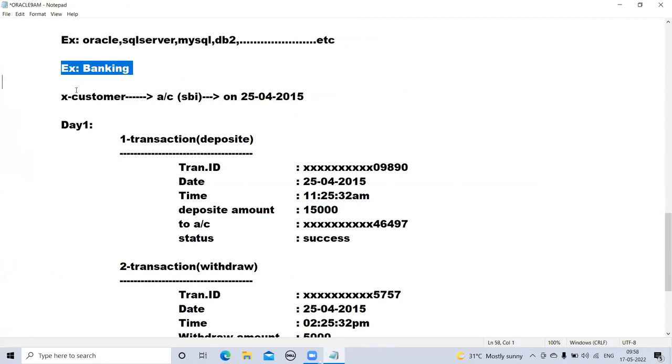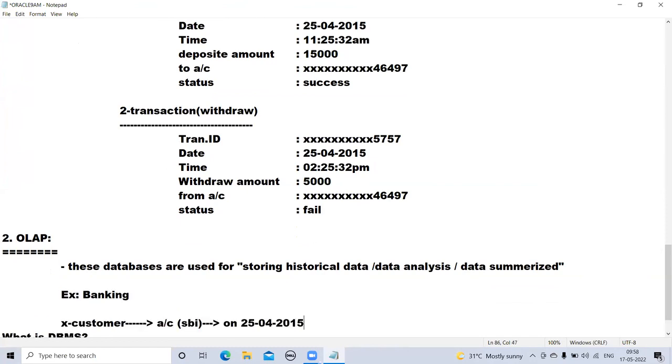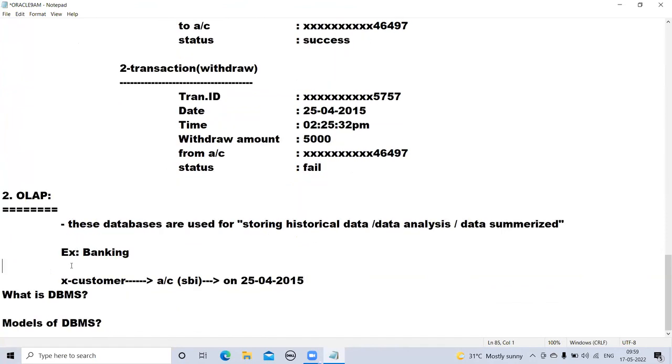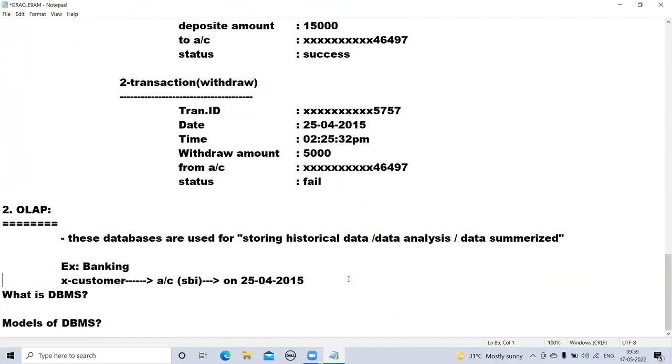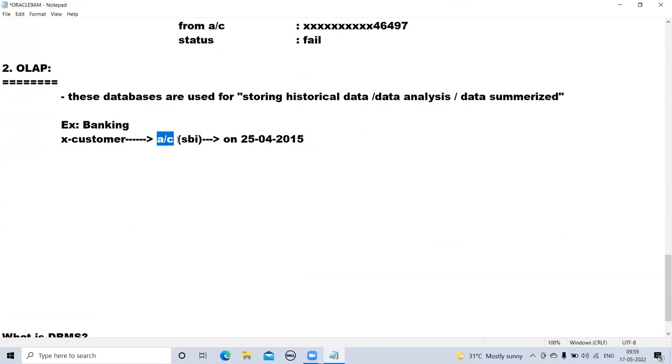See the example of OLTP. I'm using the same banking example here. One of my customers opened the account on 25/4/2015. From that day to the present, tell me, guys, in total how many years has he been using the same account number?